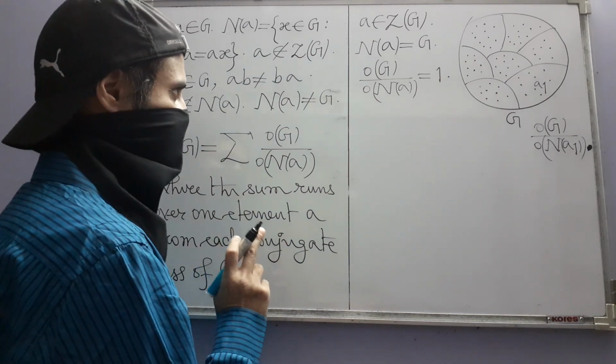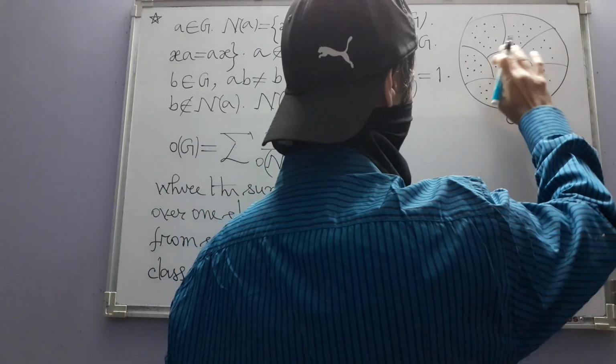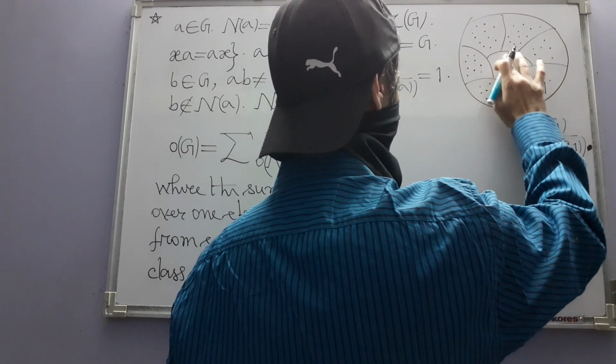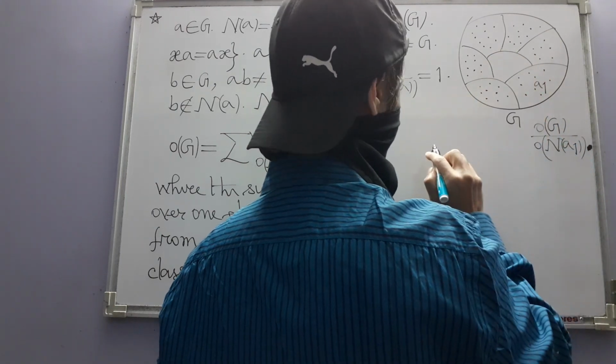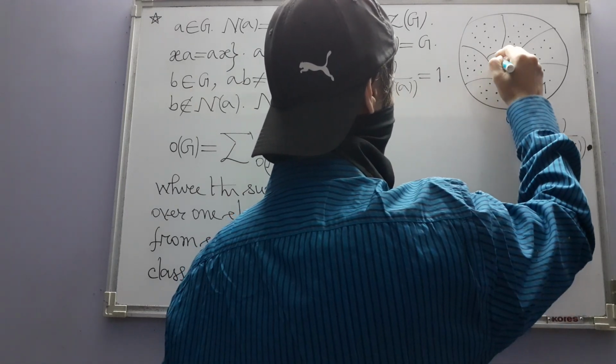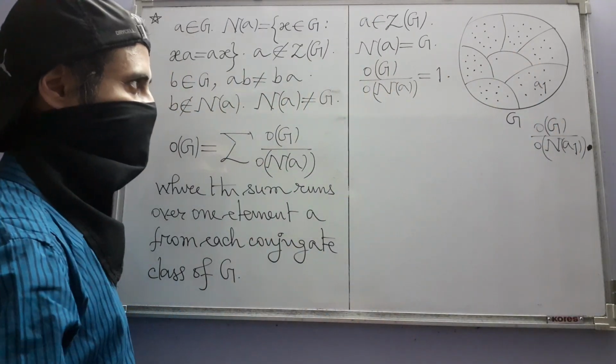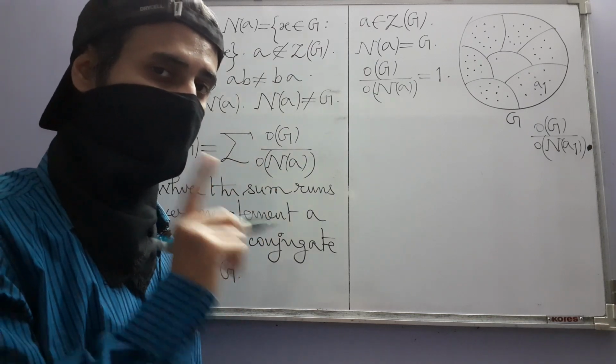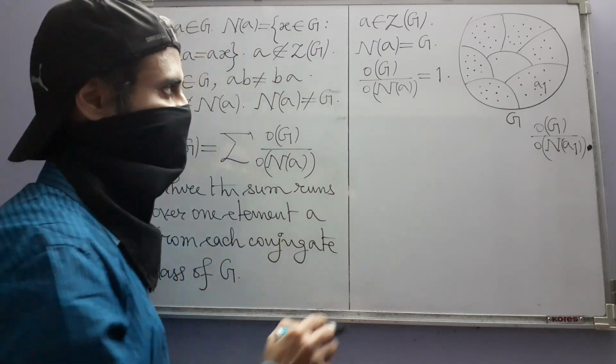In other words, if in these things you come across central elements, okay, say this is a central element, then the conjugate class containing that element has only one element, namely that element itself.